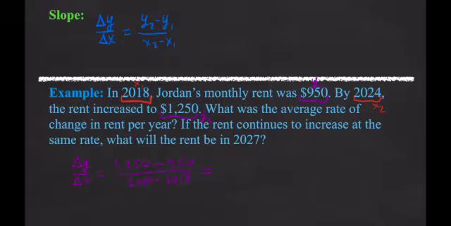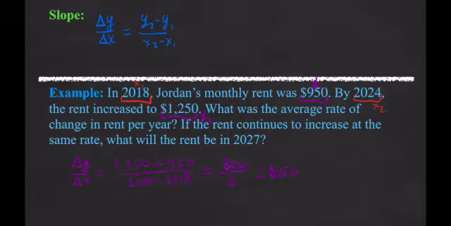Okay, let's go ahead and subtract these numbers. 2024 minus 2018, that is going to be a 6-year gap. All right, 6 years have passed. 1,250 minus 950 is going to end up being a $300 difference. Dividing those, that's going to be $50 extra each year.